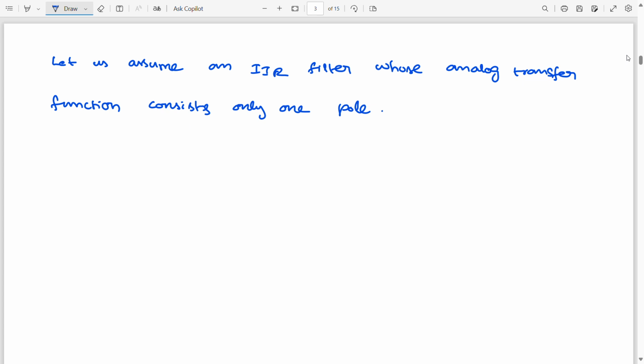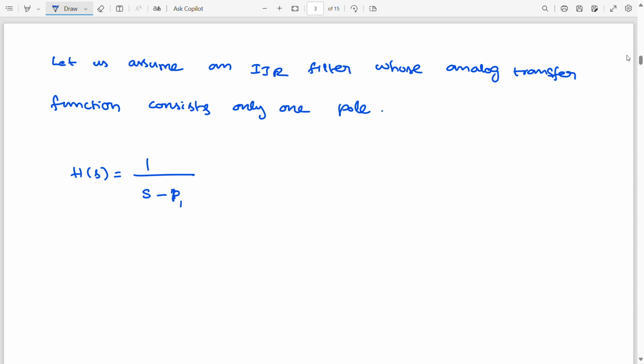So H of s can be represented as 1 divided by s minus p1. Let us assume that p1 is the pole which is located on the right half of the s-plane.